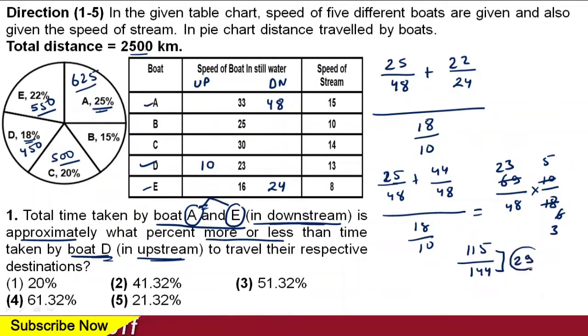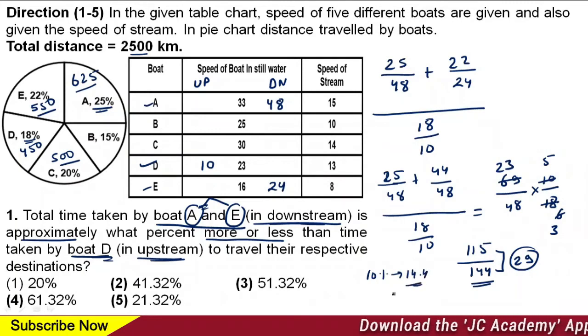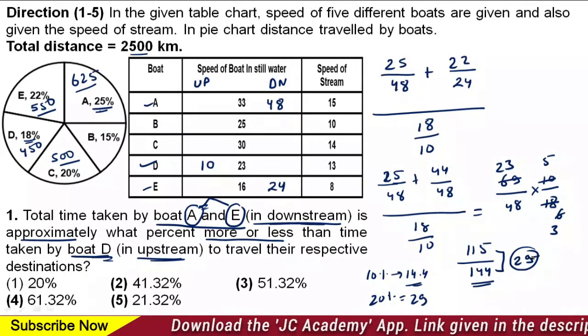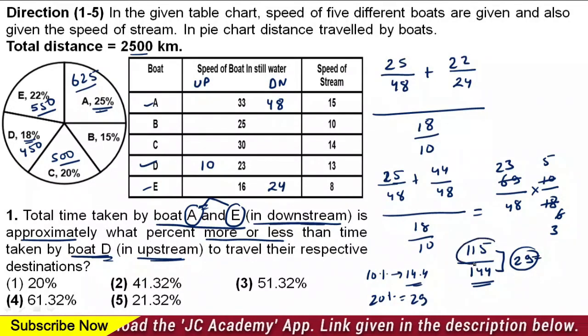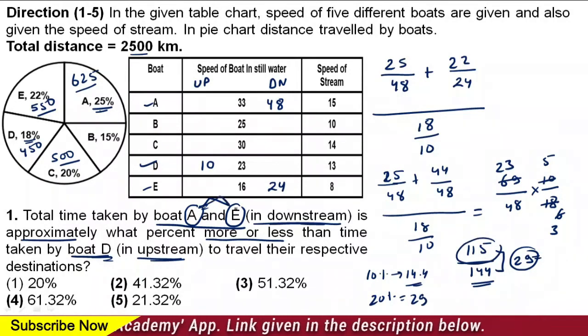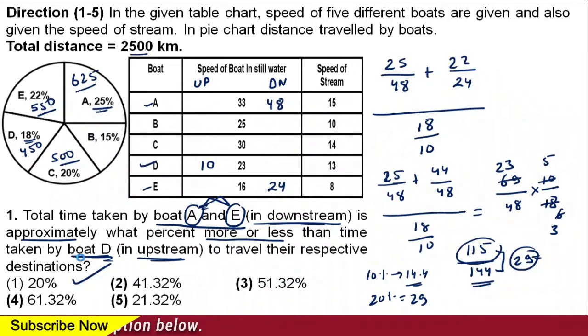So 29, which is the difference, is what percent of 144? 10% of 144 will be 14.4, and therefore 20% would be very close to 29. That is the difference between the time taken by boat A and E with respect to the time taken by boat D. So the answer should be 20% in this particular case, right?